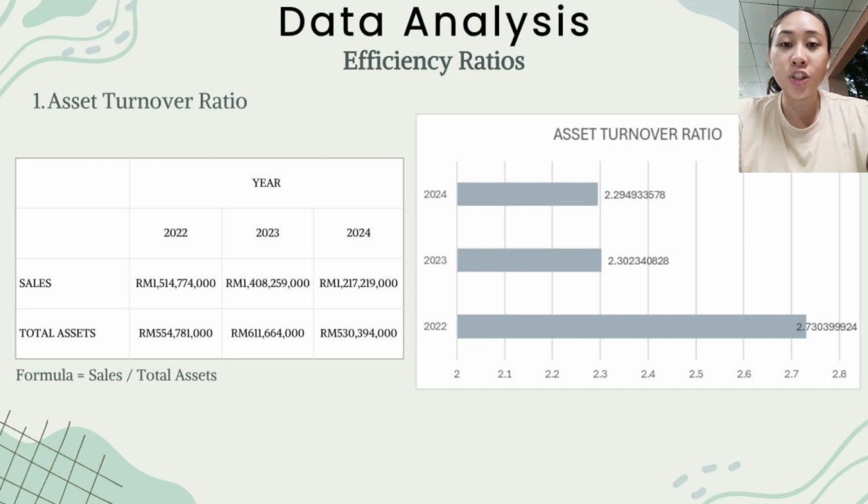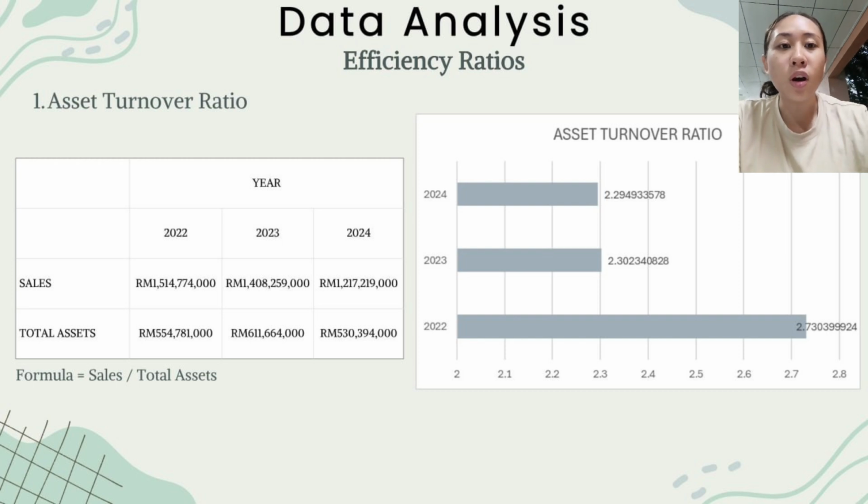Next is efficiency ratio. In efficiency ratio, I computed asset turnover ratio, inventory turnover ratio, and also receivable turnover ratio. Efficiency ratios are used to determine how well the company uses its resources to generate revenue.